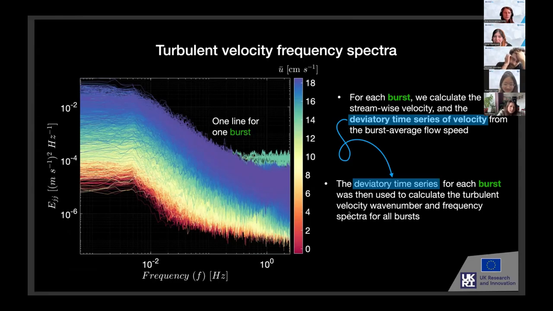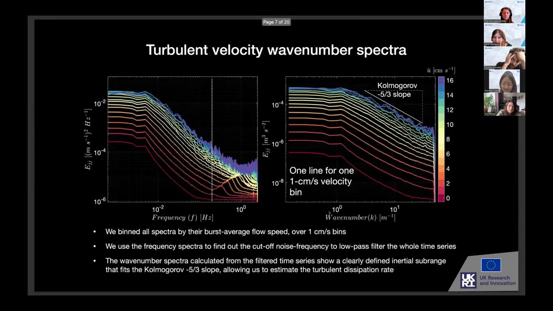And to make this figure slightly easier to understand, we then bin them into 1 centimeter per second speed bins. So again, the blue color means high speed, and then the red color means 0 speed. And those figures now allow us to do some analysis in a clear way.